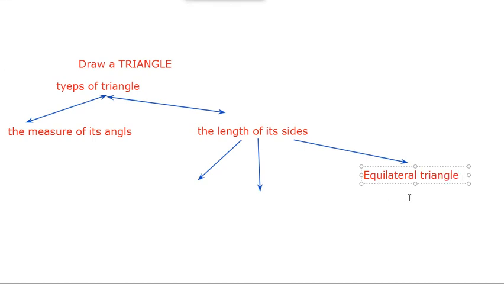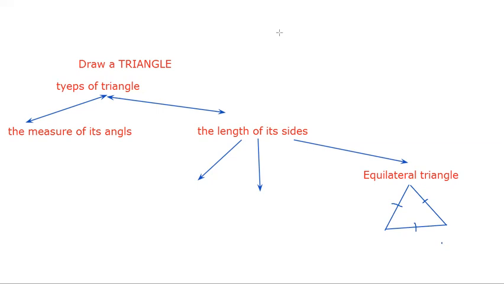Equilateral, and we are going to draw the equilateral triangle. It will be a triangle with all sides equal in length. So this is 1, 2, 3. So the equilateral triangle is a triangle with all sides equal in length.